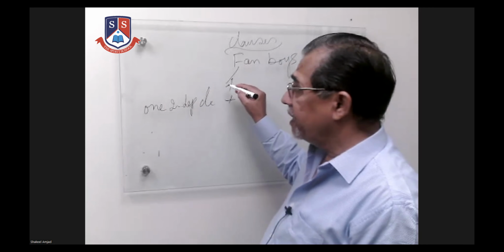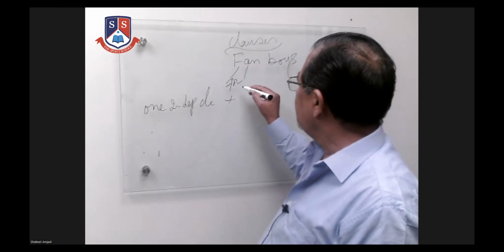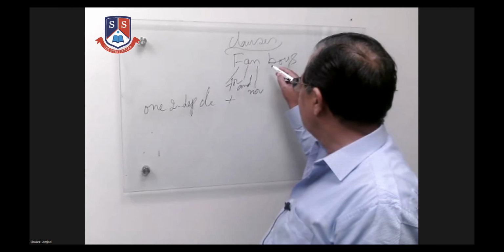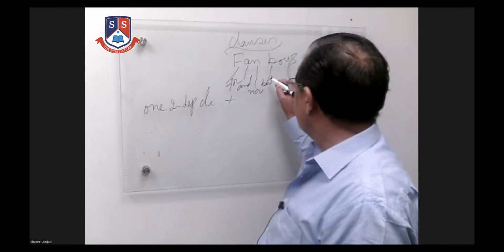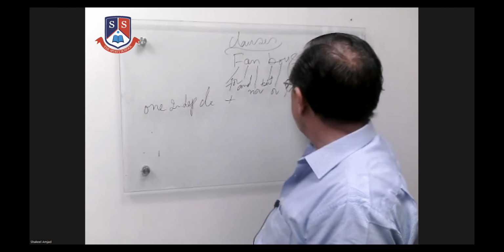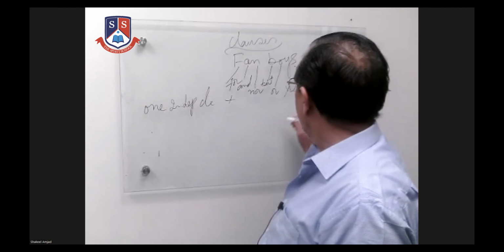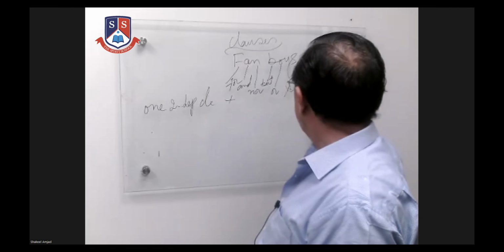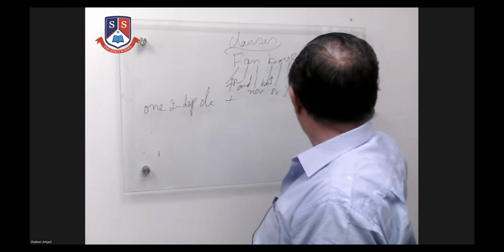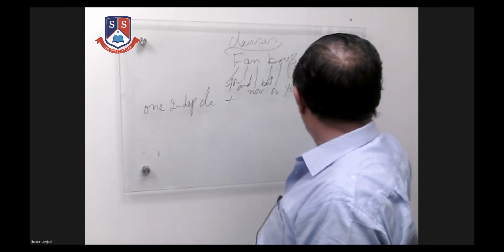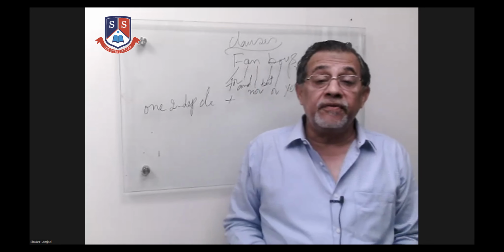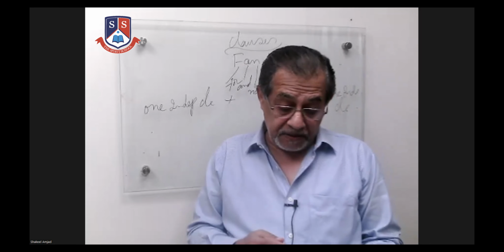It can be for, and, nor, but, or, yet, so. Plus, again, one independent clause. So this is the structure of a compound sentence.